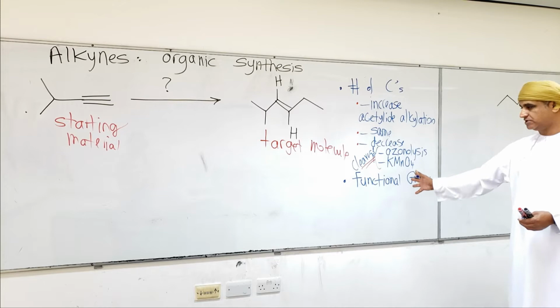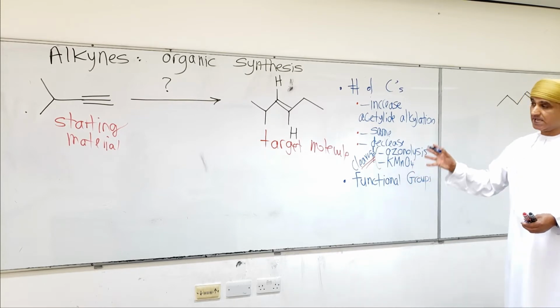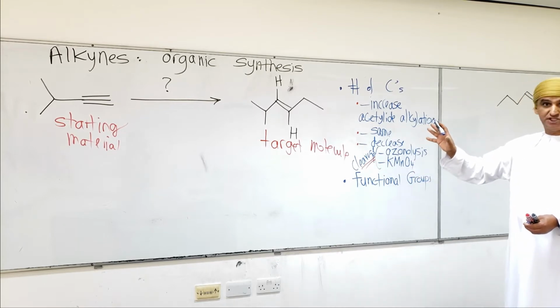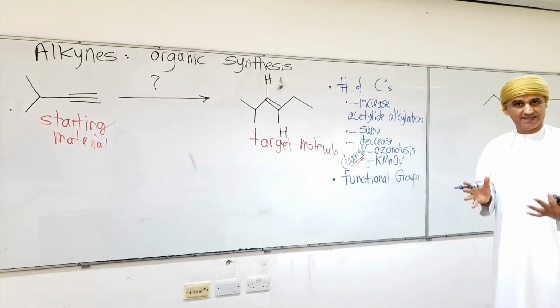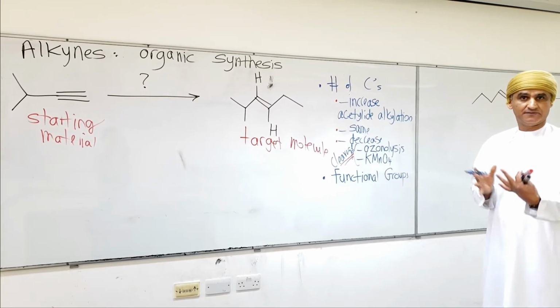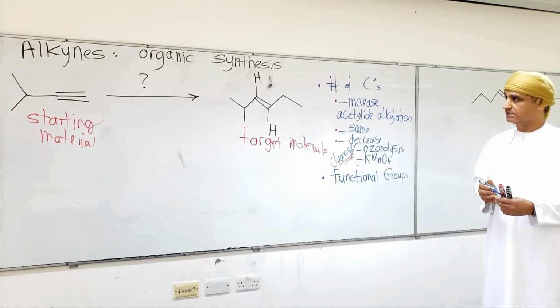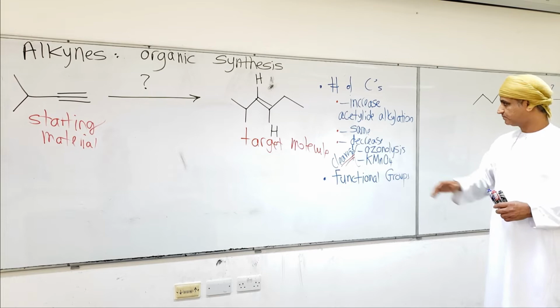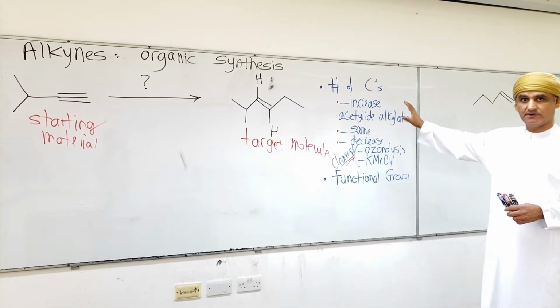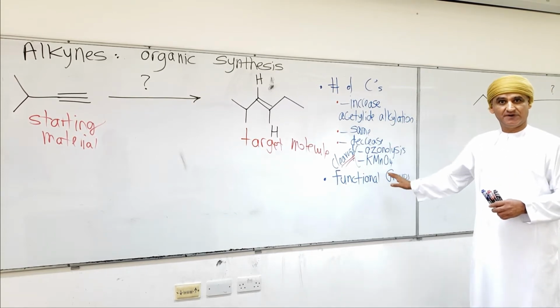So the functional group will guide us into achieving a possible synthetic route, or plan, for the transformation that is desired to be achieved. So very important: the number of carbons and also the functional groups.